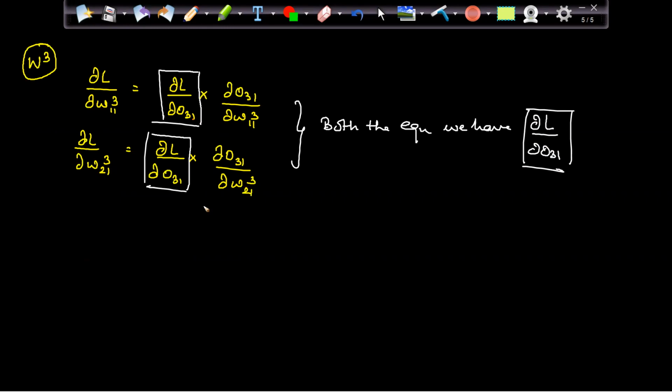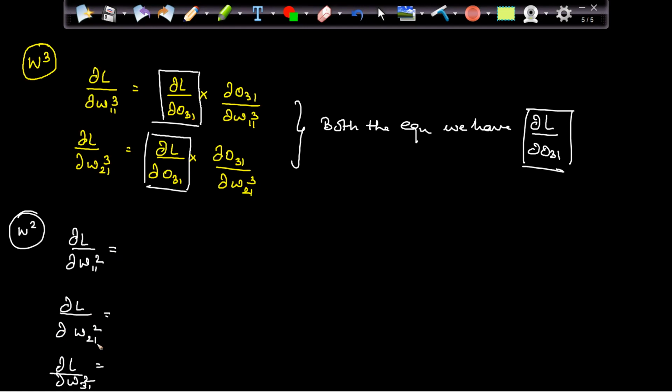Let's say I have W2. Right here, I will also calculate my derivatives. So dou L by dou W112. We have to calculate dou L by dou W212 and dou L by dou W312. These are the three values which we have to calculate.